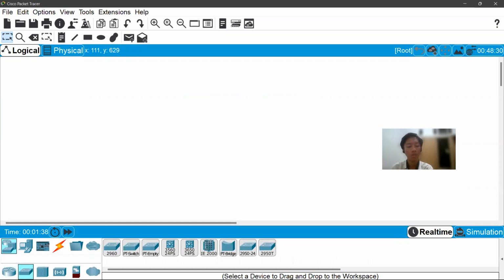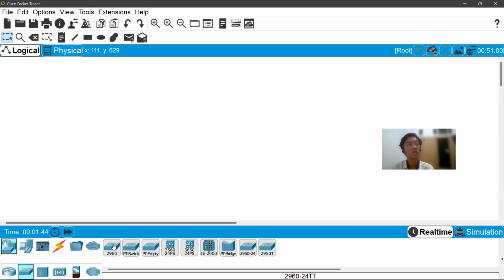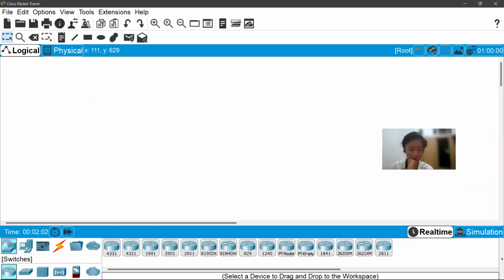Before, we mostly used the switch because the material was about VLAN and trunking, and now we mostly use the router because I want to explain about layer 3, which means the network layer.